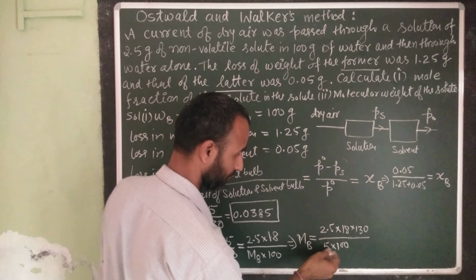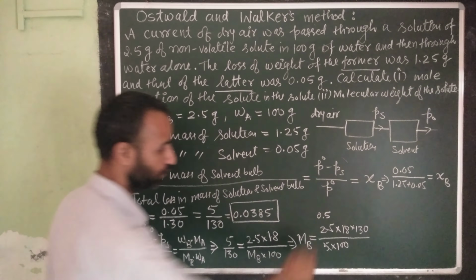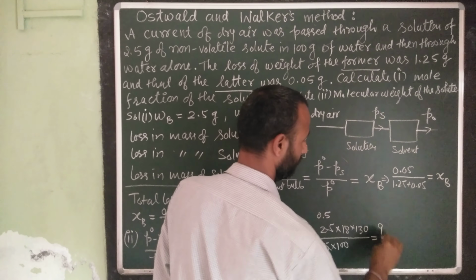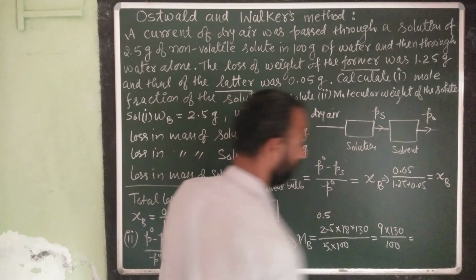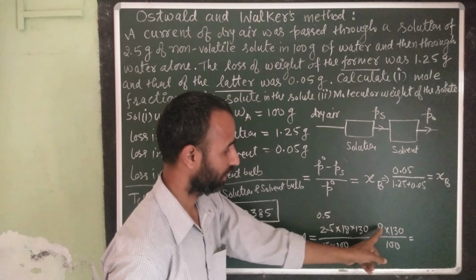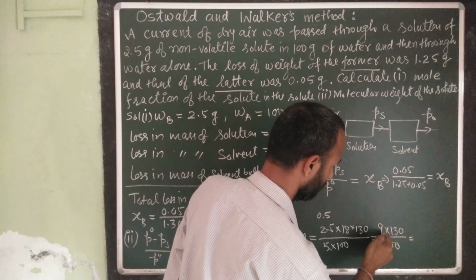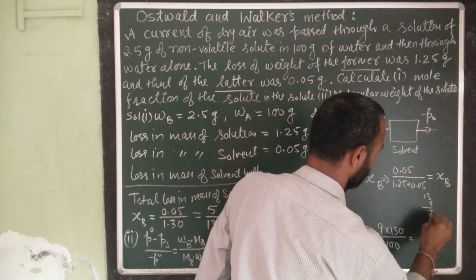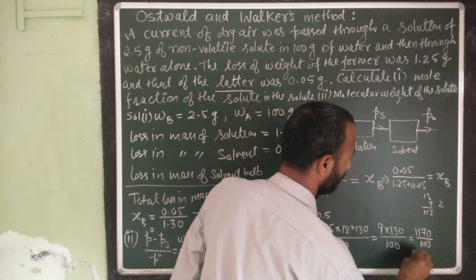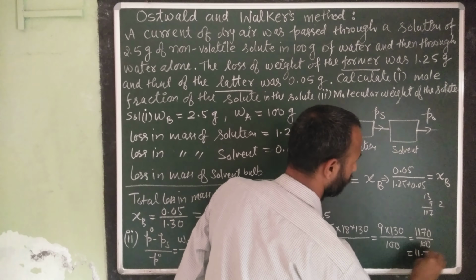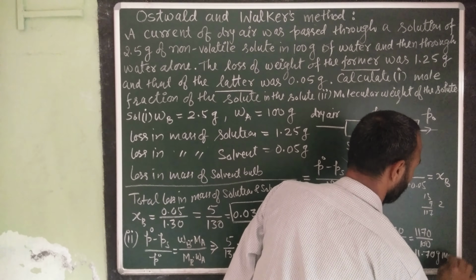So 5 becomes 0.5. 0.5 into 18, 9 into 130 over 100. 13 times 9, it is 117. 1170 over 100 means it comes out to be 11.70 gram per mole.